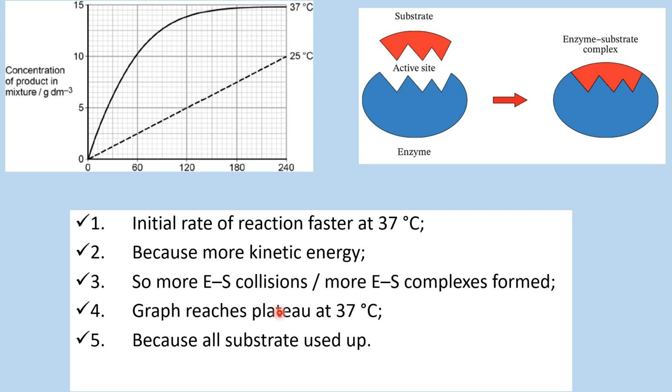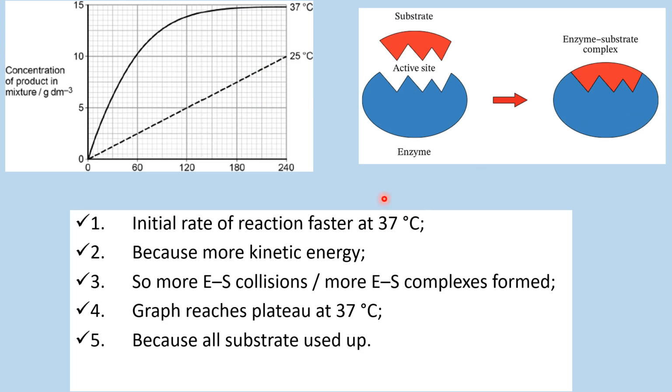So the graph reaches a plateau at 37 Celsius. It begins to go flat at 37, and the reason is that all the substrate at this point is used up. We are increasing the substrate concentration, and when all the enzymes are occupied, when all the substrate is used up, then this is where the maximum rate of reaction occurs.